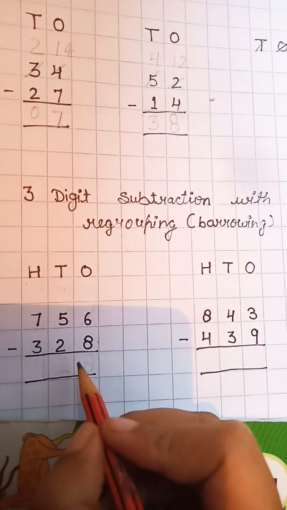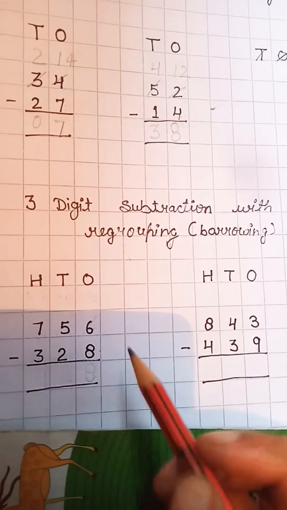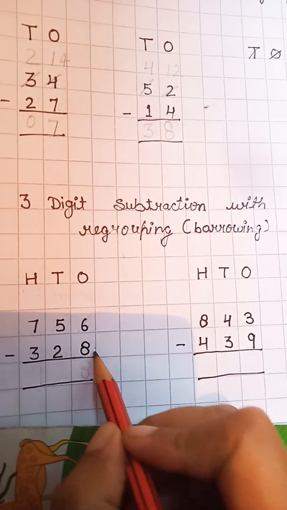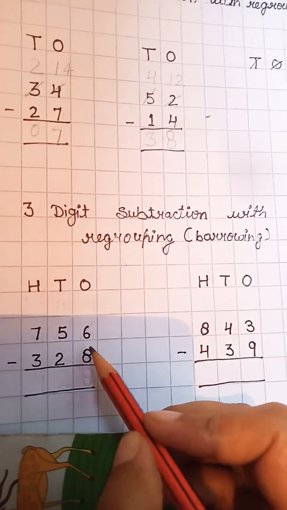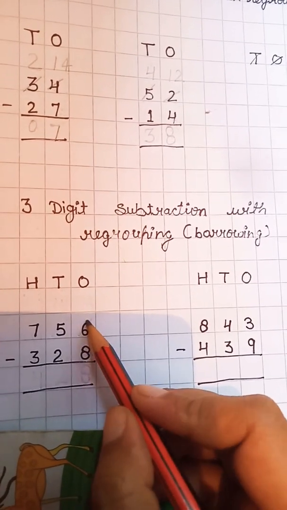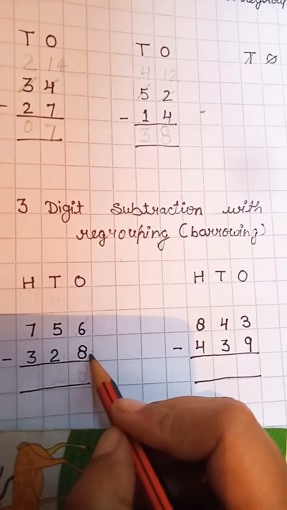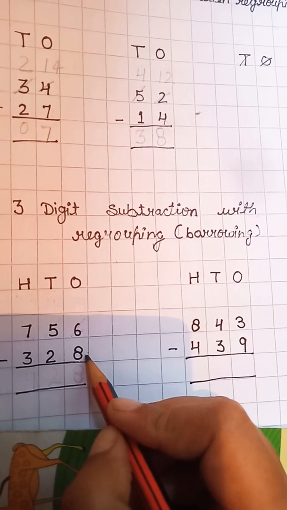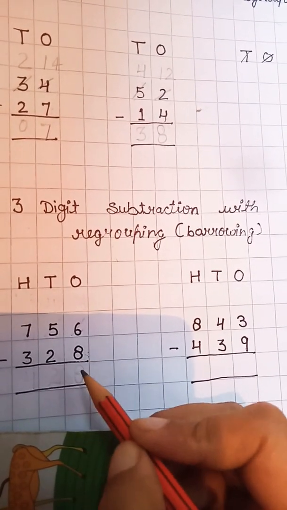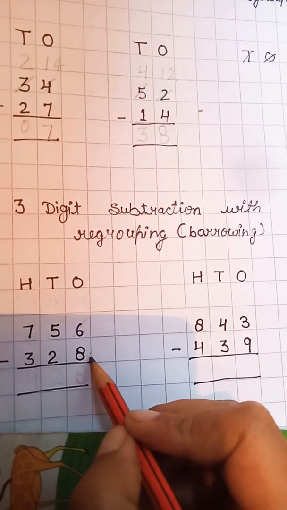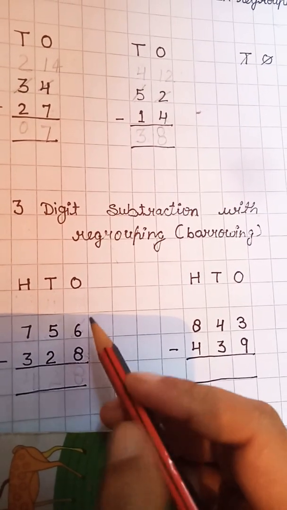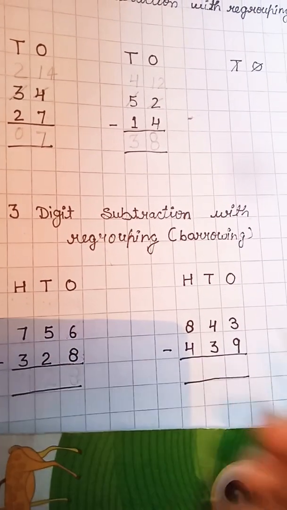Let's find out. Now start with ones. 6 ones minus 8 ones. So, students, we cannot subtract 8 from 6 ones.